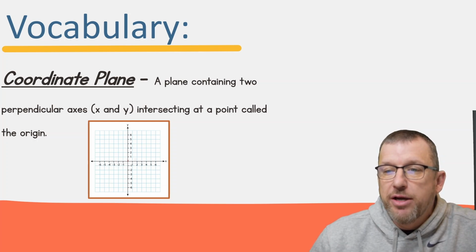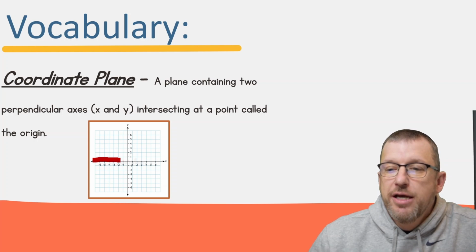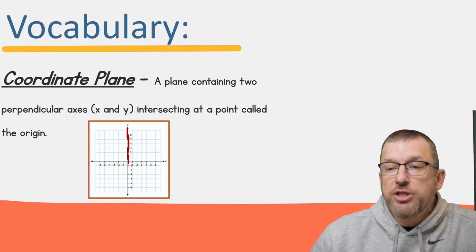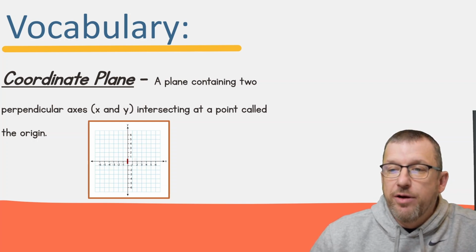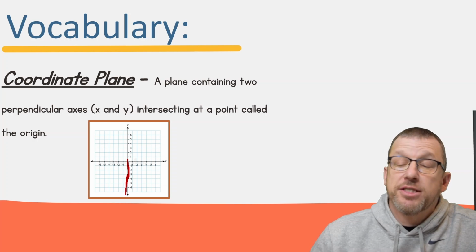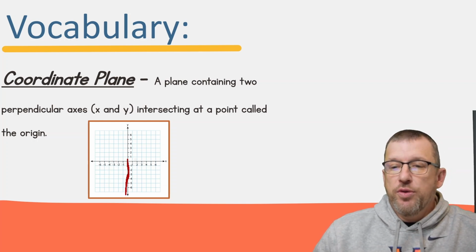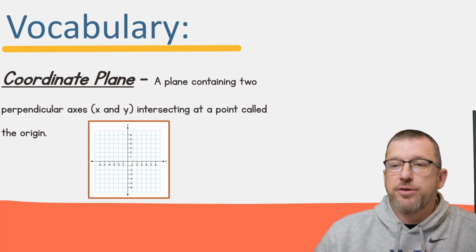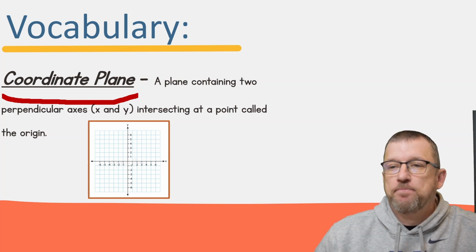In the opposite direction, we're counting -1, -2, -3, -4, -5, -6. Going up, we count 1, 2, 3, 4, 5, 6, and going down, we count -1, -2, -3, -4, -5, -6. This whole thing, with the axes, the origin, and the grid with its values, is called the coordinate plane.